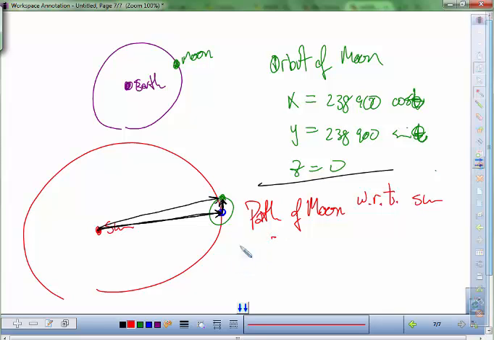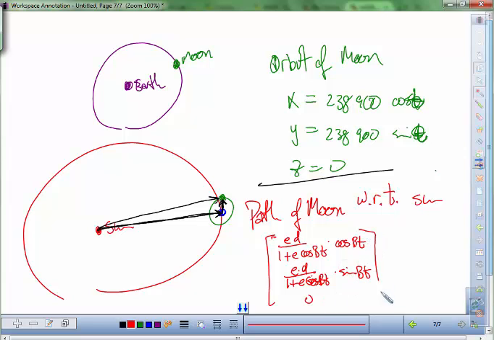Let's call it, I'm going to write vertical vectors just to make it easier to read. So the first component is the Earth's path, with the cosine of bt, and the second with sine of bt, and 0.